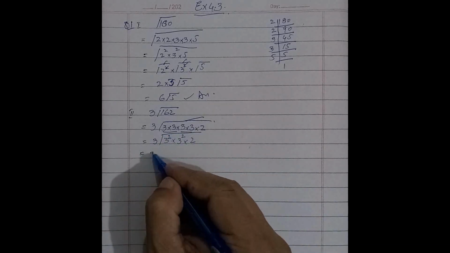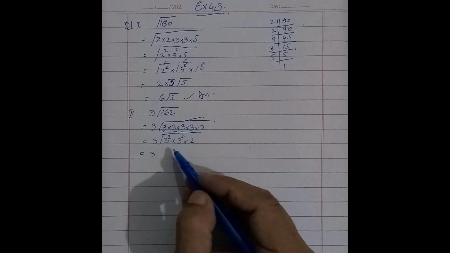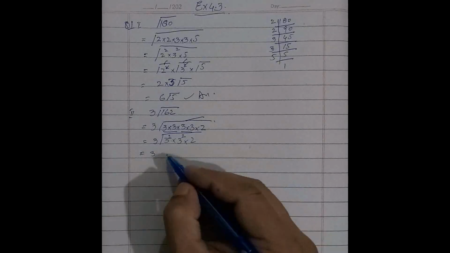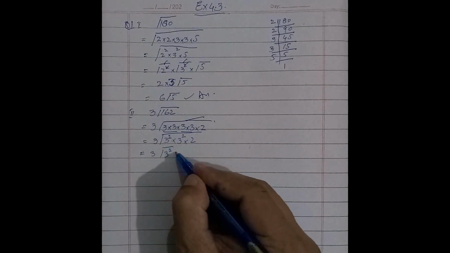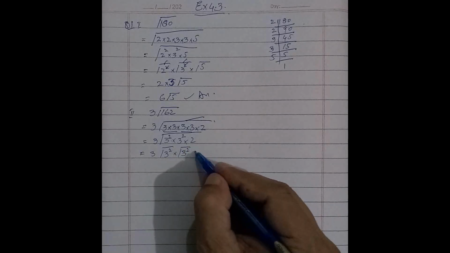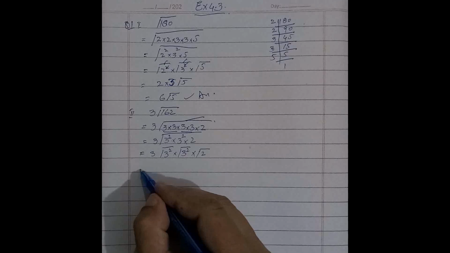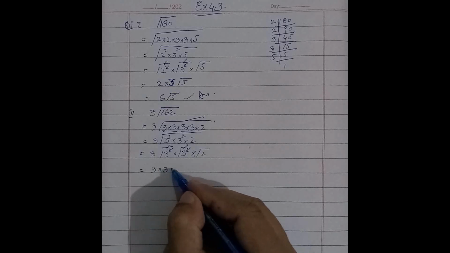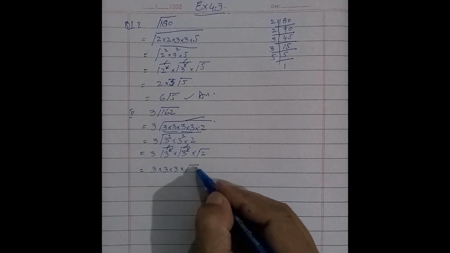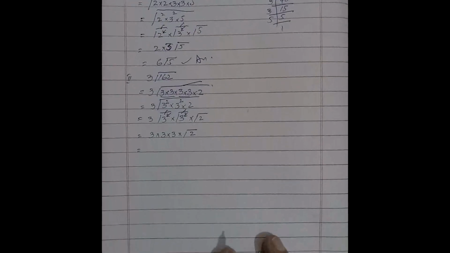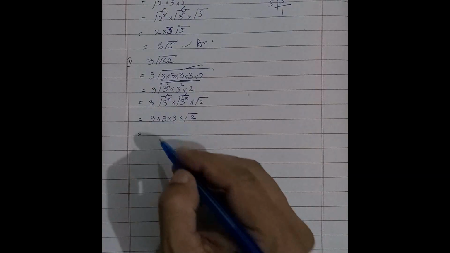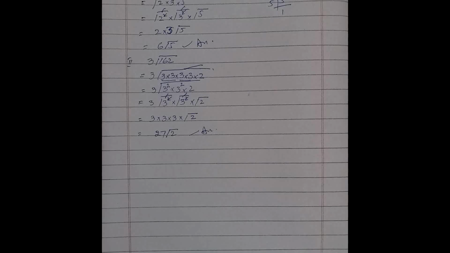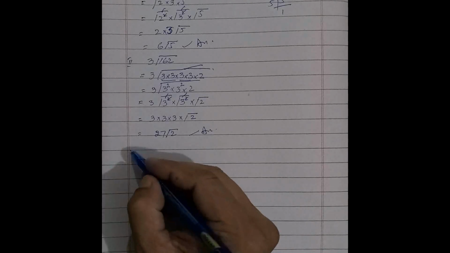We take the square root of all the values, and the square roots cancel the squares. We get 3 multiplied by 3 multiplied by 3 multiplied by the square root of 2, which is 3 threes are 9, 3 nines are 27, so 27 square root 2 is the answer of the second part of question 1.